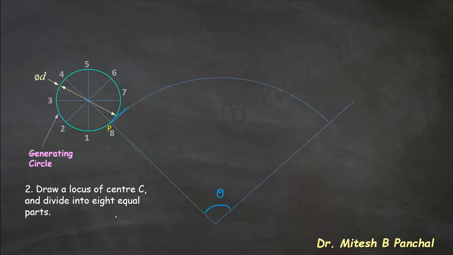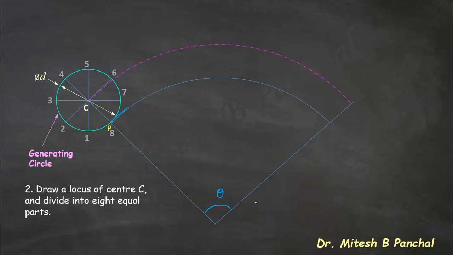In the next step, draw the locus of center C. Here center C is the center of the generating circle. The locus of center C will be an arc which is parallel to the directing circle. Draw the locus of center C and divide it into 8 equal parts.